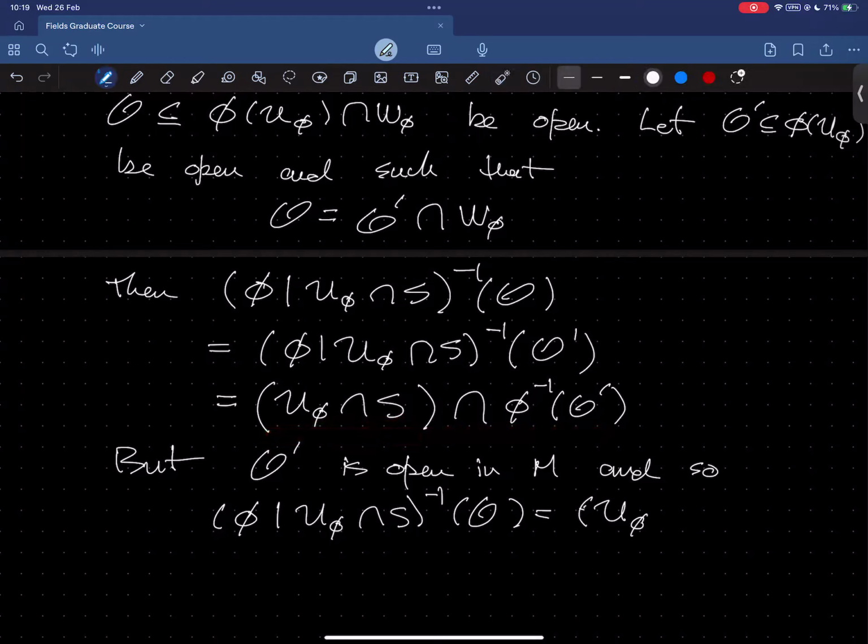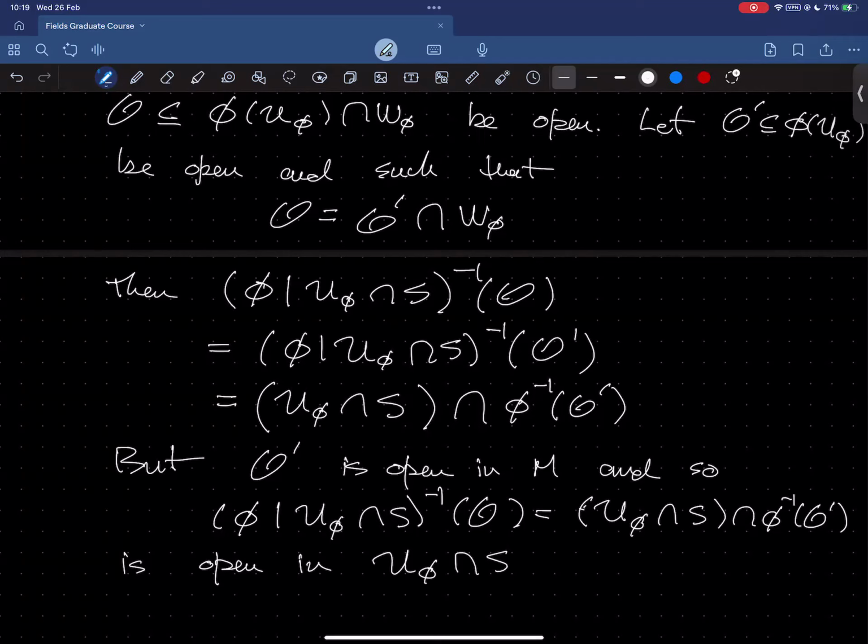Okay, so U phi intersect S intersect phi inverse of O prime is open in U phi intersect S in the induced topology from M.